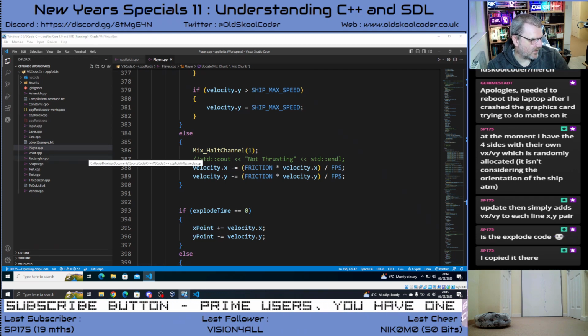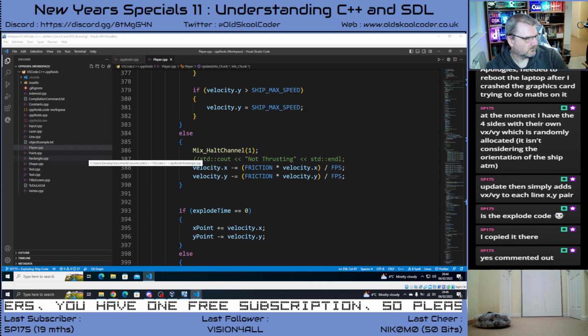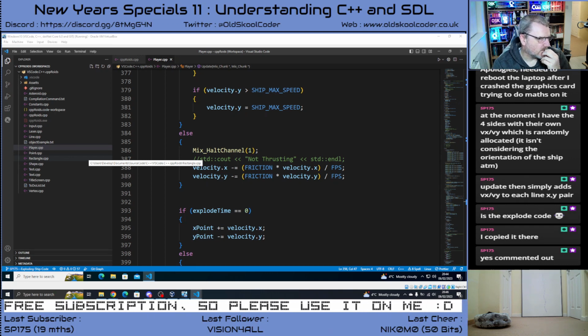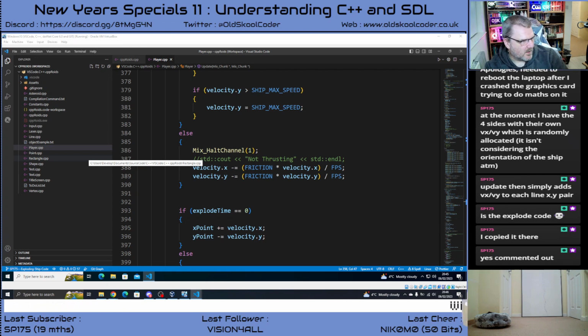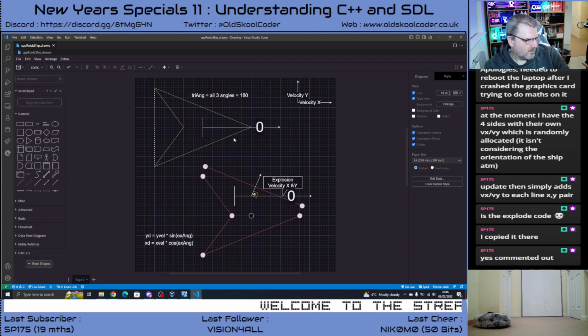It's in the explode code. Oh, right, okay. So the top point is 4.